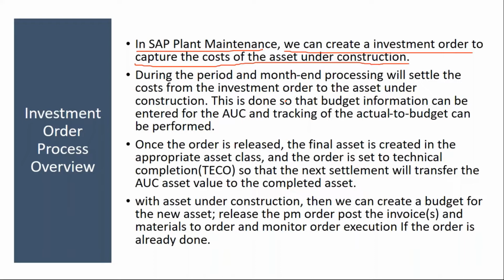During that time they will incur some cost. They need labor, or they need some spare parts. All those things are captured through this investment order process. So this investment order process is for the newly procured equipments, the asset under construction. When they do the installation and commissioning, they will capture all the cost.